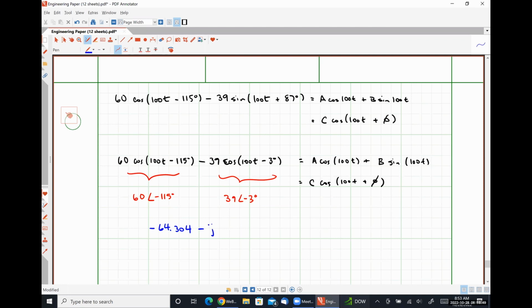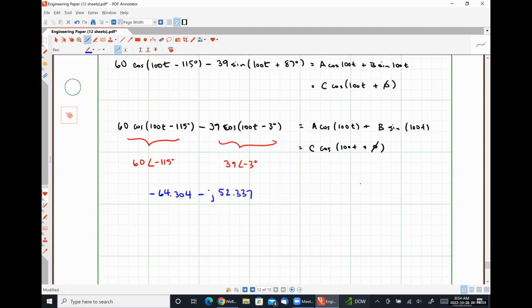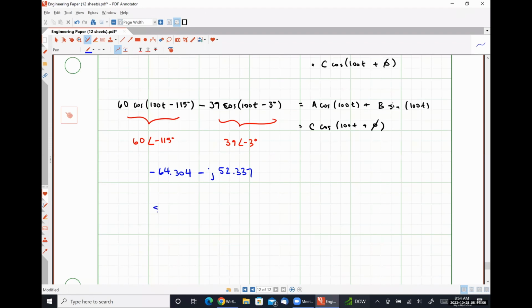Minus j52.337 in rectangular form, and 89.911 angle negative 140.858 in polar form.